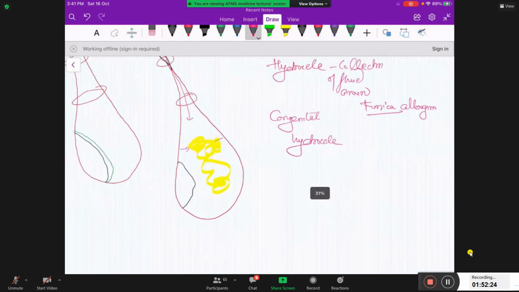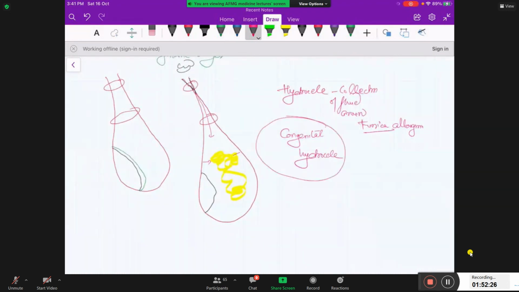Okay. Now, this condition which I have just mentioned to you is a congenital hydrocele, because this black part is the tunica albuginea, and this whole part which is now persisting is the tunica vaginalis. Processus vaginalis remnant is tunica vaginalis. So this processus vaginalis got partly obliterated, so there is a layer which is communicating with the abdominal cavity.